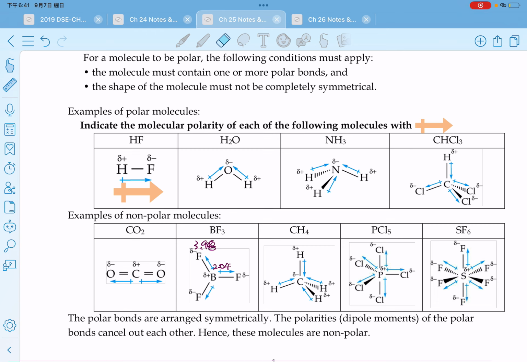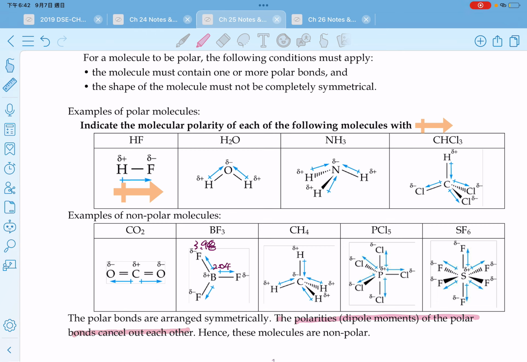One is to the right, one is to the upper left corner, one is to the lower left corner. Because it is arranged symmetrically, the forces finally cancel out each other. We will use the term: the polarities of the polar bonds cancel each other.